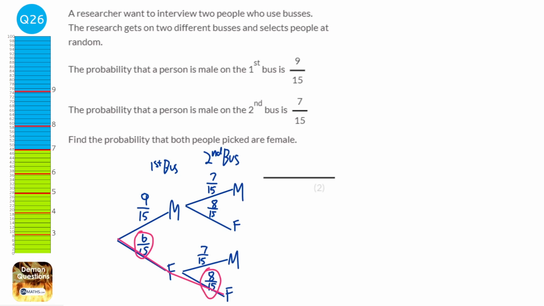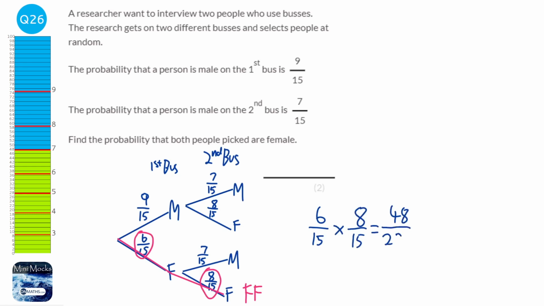So whenever you're finding the probability of getting to an outcome, and this outcome will be FF because they're both female, you multiply the fractions that you go across. So it would be 6 over 15 times 8 over 15. 6 times 8 is 48, and times the bottoms, 15 times 15 is 225.